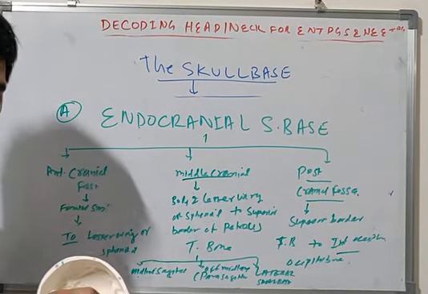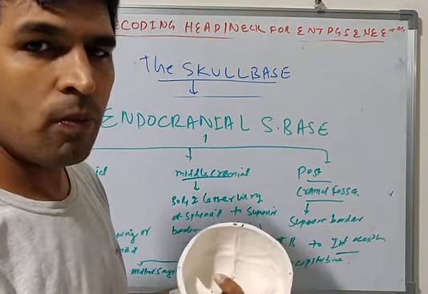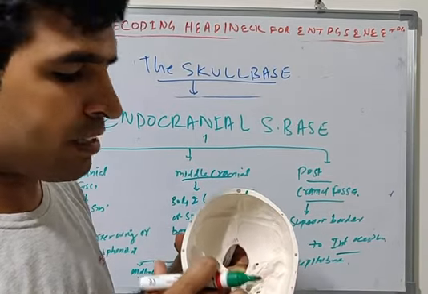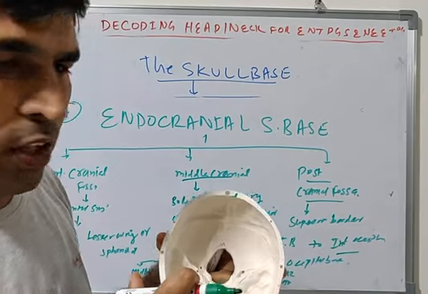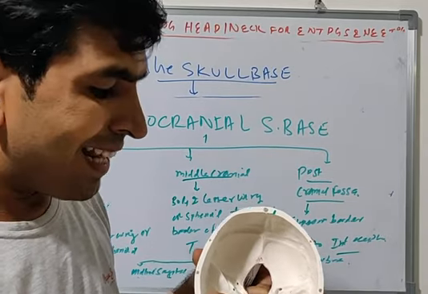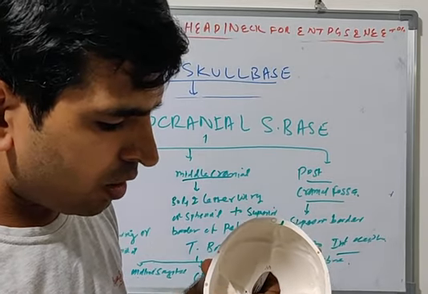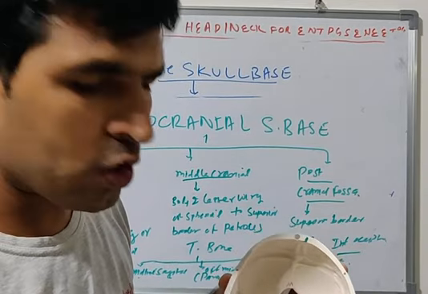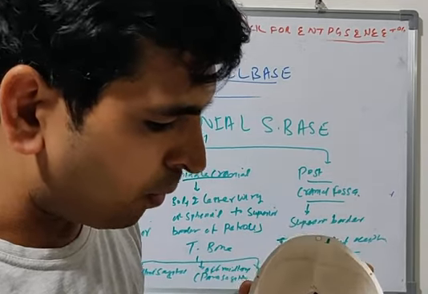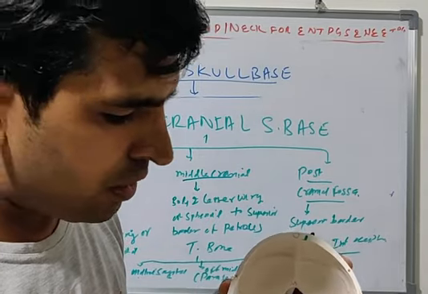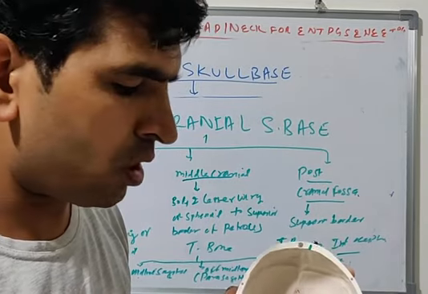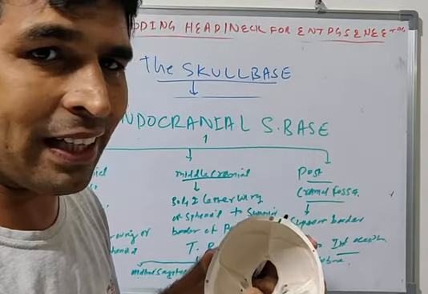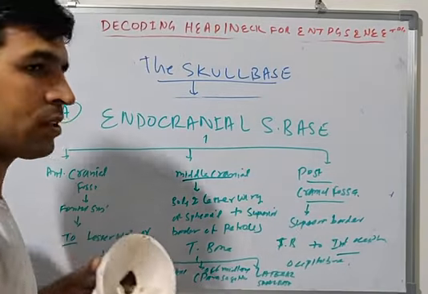Surgically, if you approach through an endonasal approach, you will reach the pituitary fossa in the middle cranial fossa. This is called the midline sagittal approach. If you are approaching the cavernous sinus, foramen ovale or foramen lacerum, this approach is called the parasagittal or off midline approach. If you are approaching lateral to this, it is called the lateral skull base.